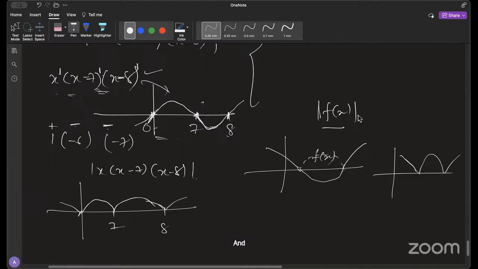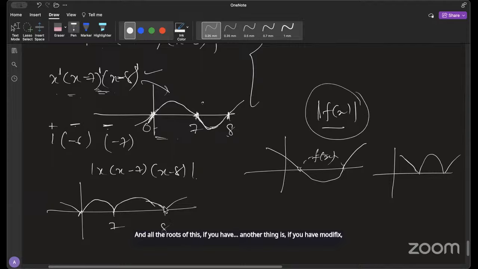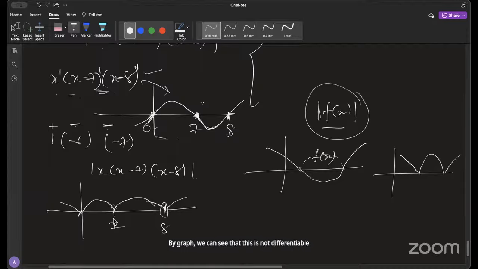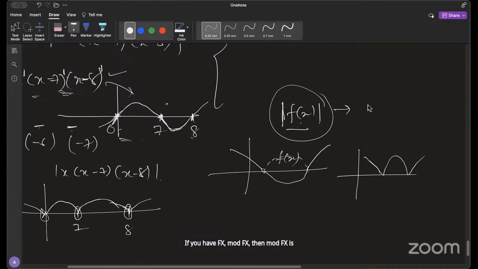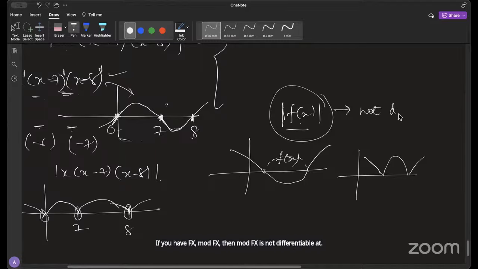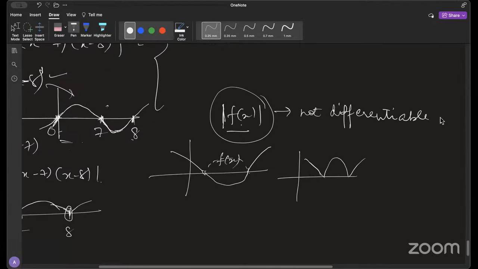And another thing: if you have mod f(x), by the graph we can see that this is not differentiable at these 3 points. But even if you don't draw the graph, if you have f(x) and mod f(x), then mod f(x) is not differentiable at roots of f(x).